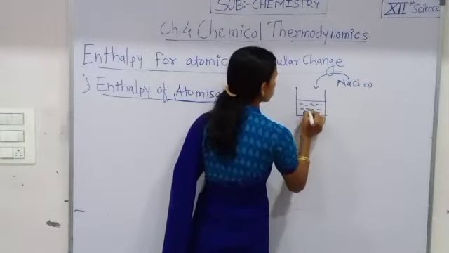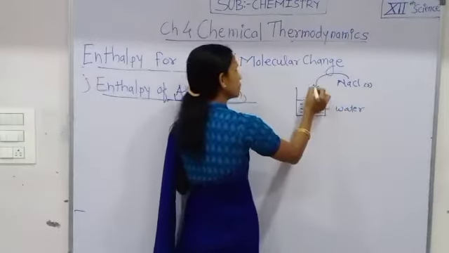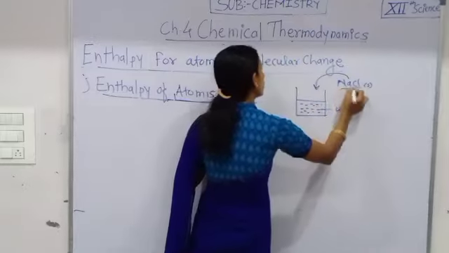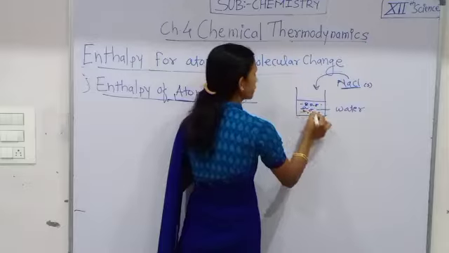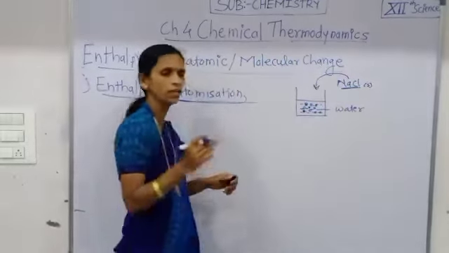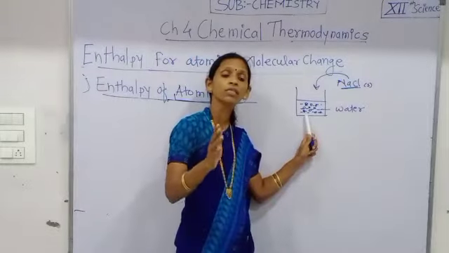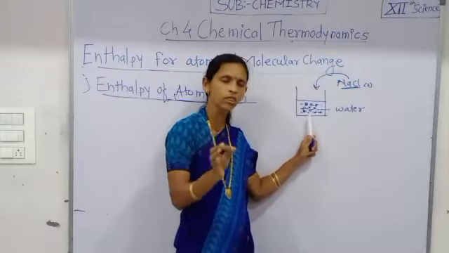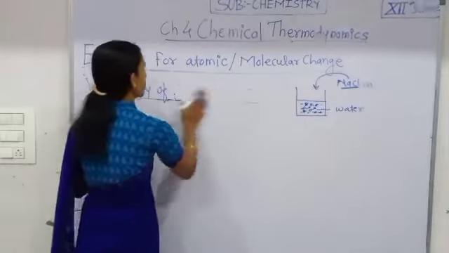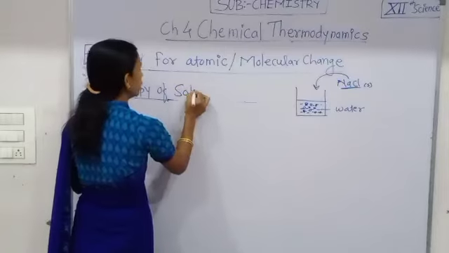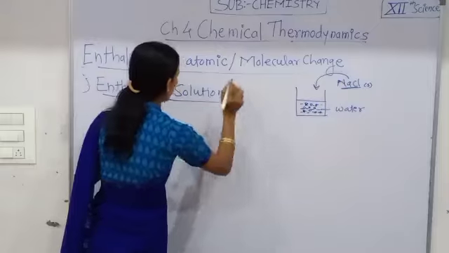Suppose the solvent is water, and in a specific amount of water NaCl is dissolved. The enthalpy related to this process is called the enthalpy of solution. Then we will discuss enthalpy of solution by taking a few examples.